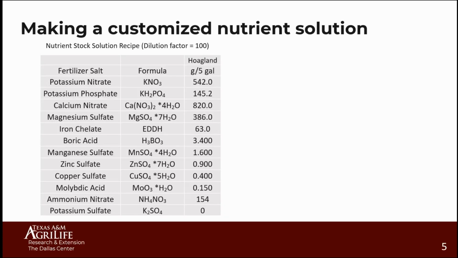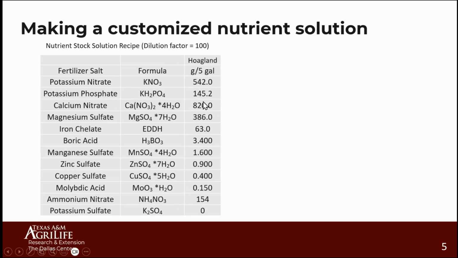If you want to make an advanced or customized nutrient solution, here is one example. We use a Dosatron, whose dilution factor is 100. One of the popular nutrient solution recipes is Hoagland, a very classical nutrient solution recipe.